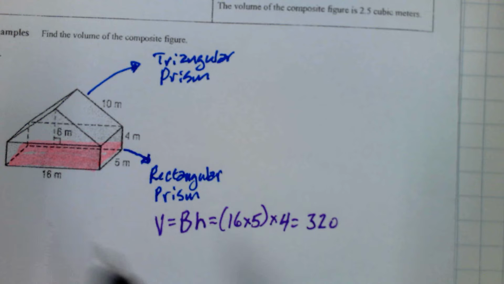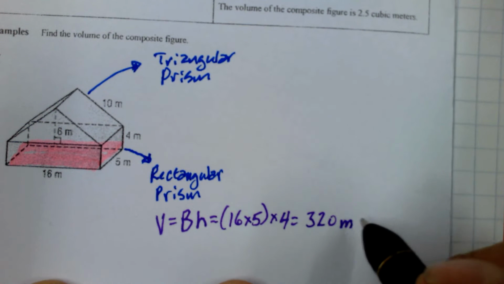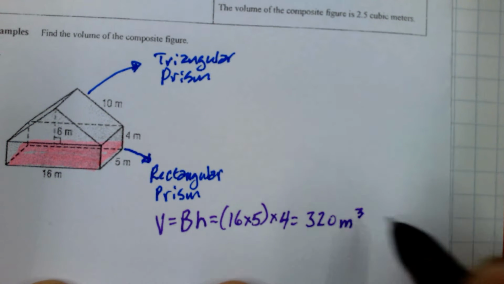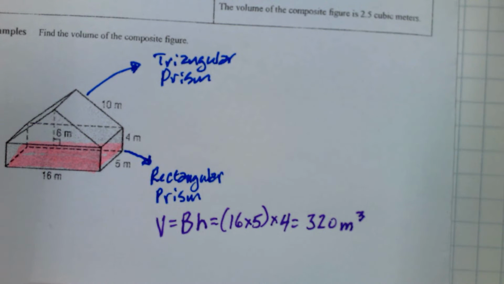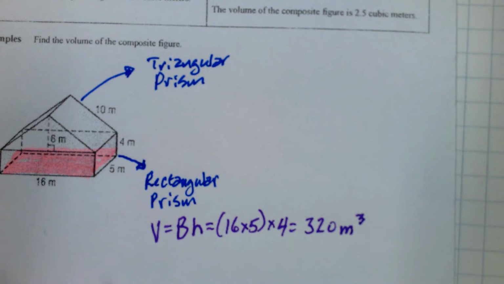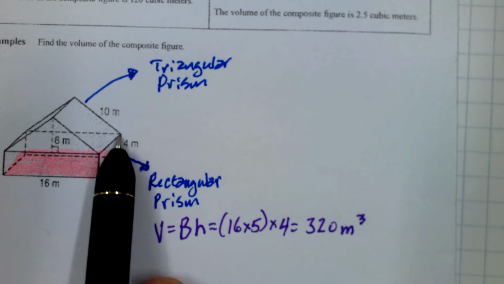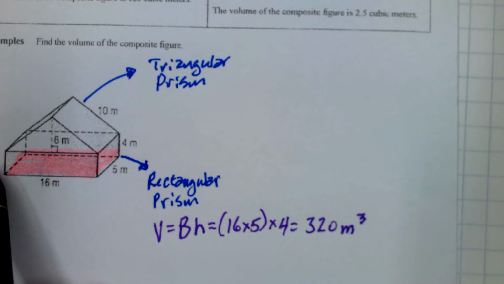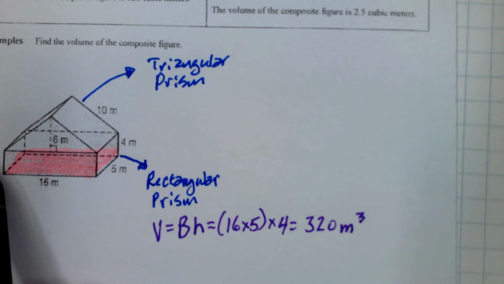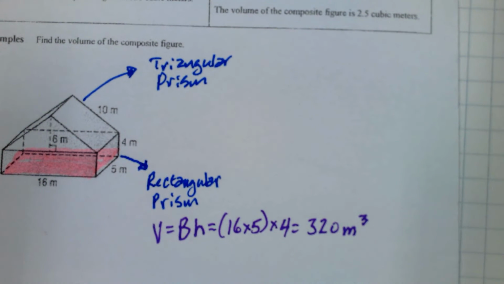And since we're talking about meters and volume, this is 320 cubic meters. There, we just found this volume. Now the cool thing is, if you notice, the bottom rectangle here, isn't that the same for this triangular prism? Isn't that the same? So we want to find the volume for this triangular prism.